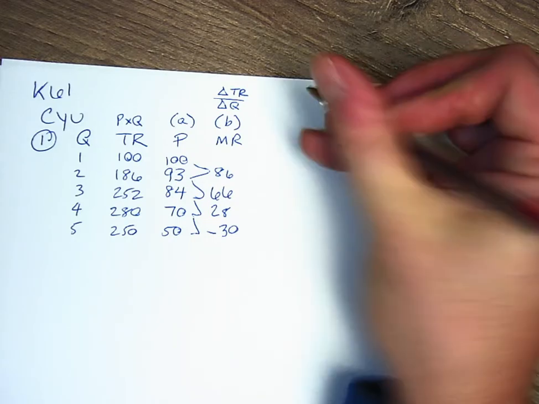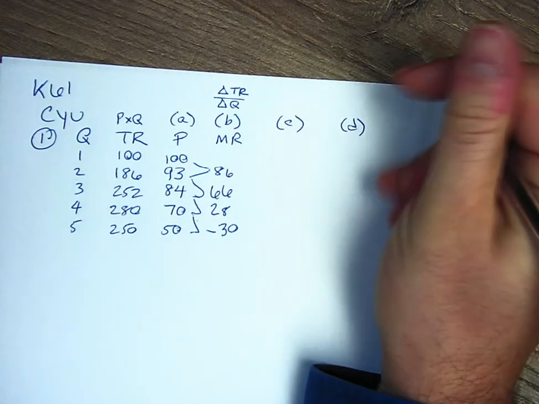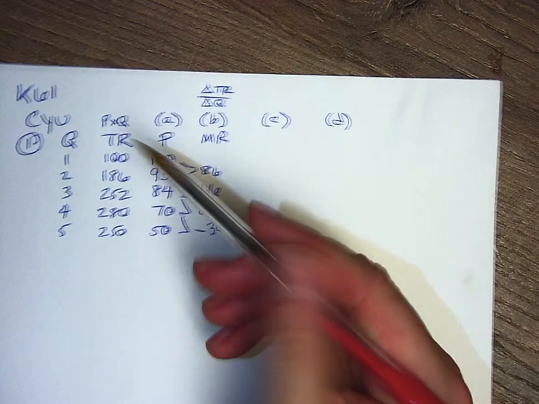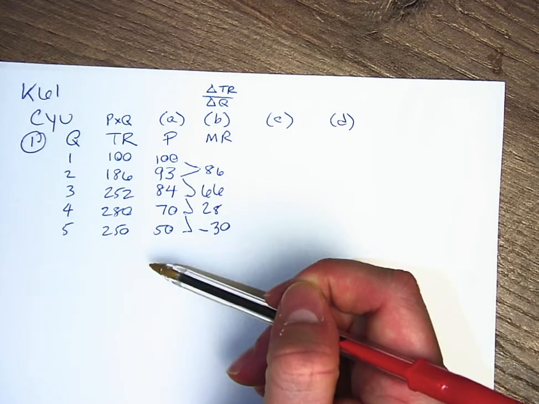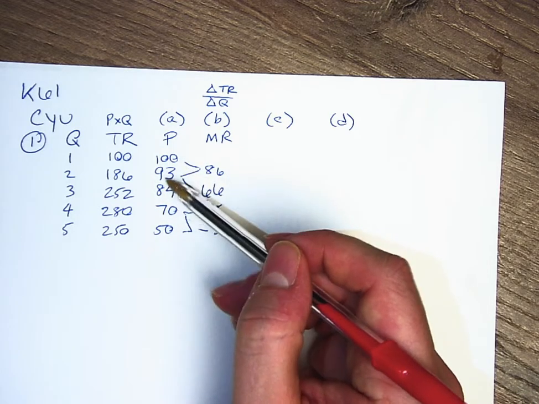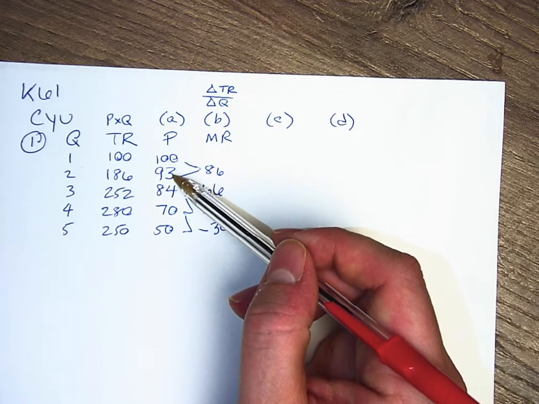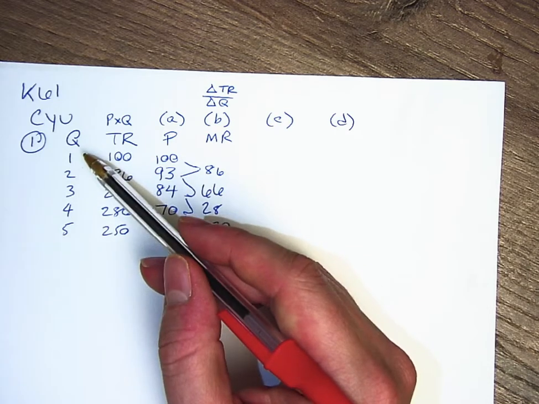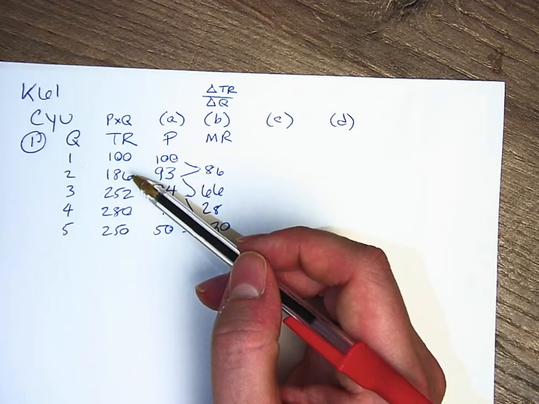Okay. And then it says part C, the quantity effect component of marginal revenue at each output level, and D, the price effect. So this requires you to understand 2 related concepts. As they lower the price here, they're going to be losing some revenue as a result of lowering the price. So when they lower the price from 1 to 2, they're giving up $7 worth of price that they would have gotten on the first unit, but they're gaining a little bit more than that.